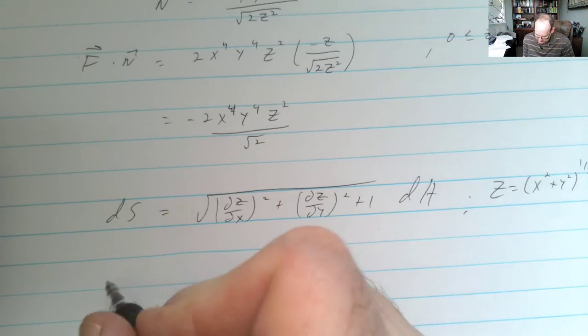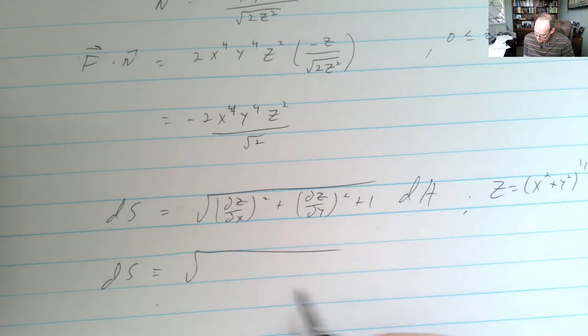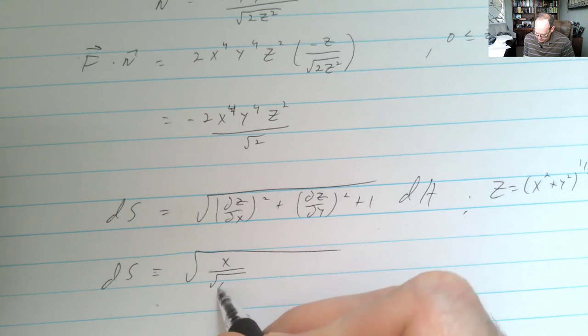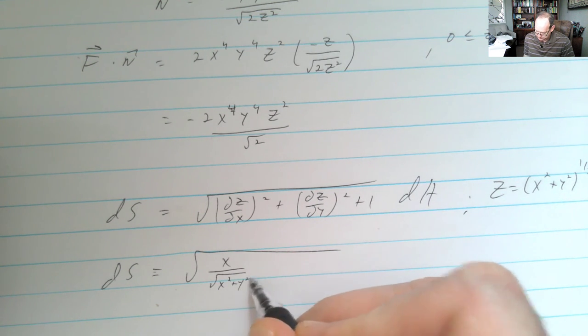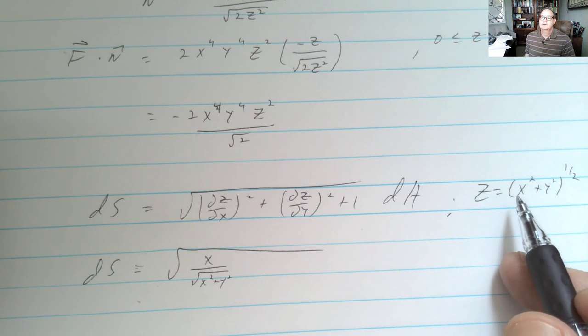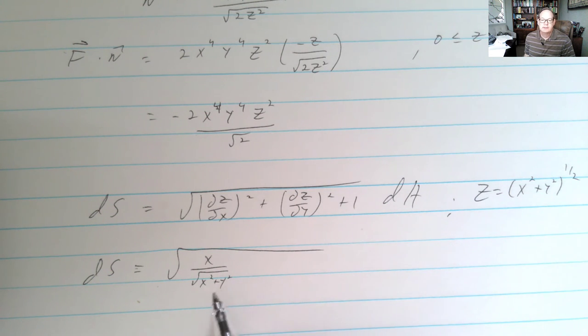So this will just be x over the square root of x squared plus y squared. If you take this partial derivative, you'll get 1/2 x squared plus y squared to the negative 1/2, then times 2x. This gives me that.